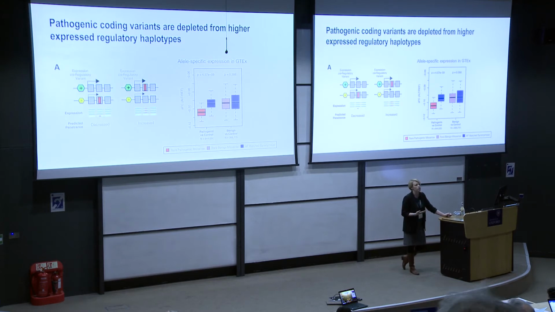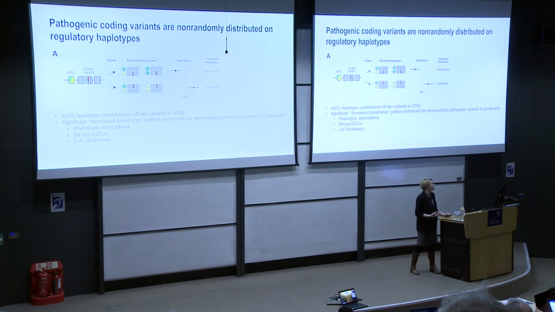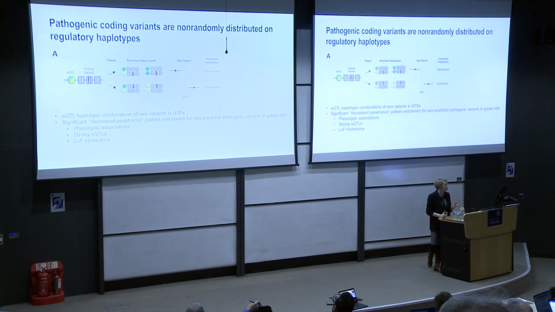So that's all nice and great. The problem is that, of course, in most human genetic data sets, we don't have RNA sequencing data like we do in GTEx. So we need to be able to analyze this phenomenon looking at genetic data alone. And the way we do this is that we can take just genetic data, take rare coding variants, common regulatory variants, eQTLs from GTEx, and phase those, and look whether those rare coding variants are randomly distributed on the eQTL haplotypes, or if there is an enrichment of specific patterns.